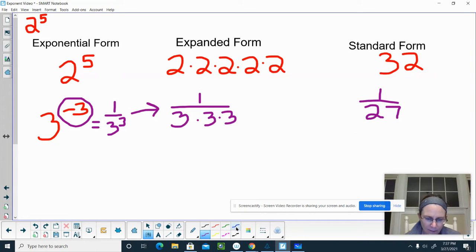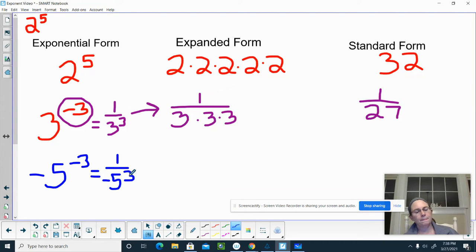All right, I'm going to do one more example. What if I had a negative base number and a negative exponent? That's exponential form. Now, anytime I have a negative exponent, 1 is the numerator, and the denominator is the base number, which happens to be negative 5, to the positive third exponent.